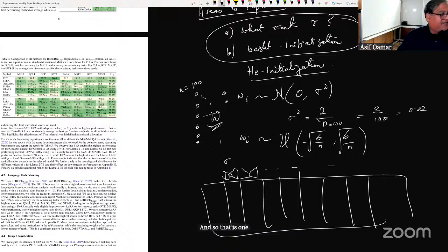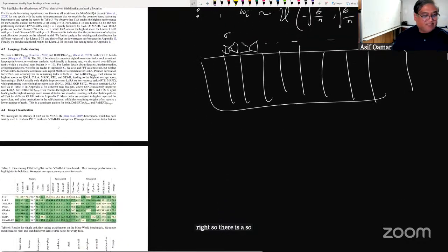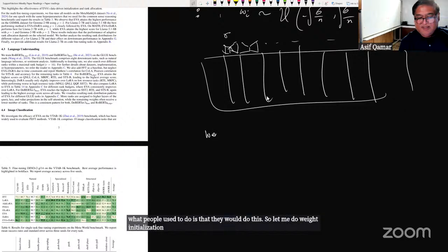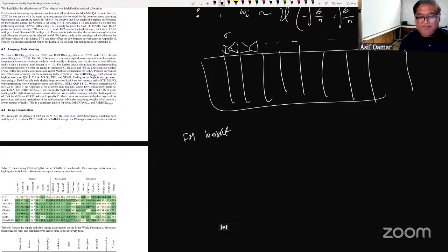And the other is weight initialization. How do you do weight initialization, right? Both of these I'll very quickly mention. Let me do the weight initialization strategy.